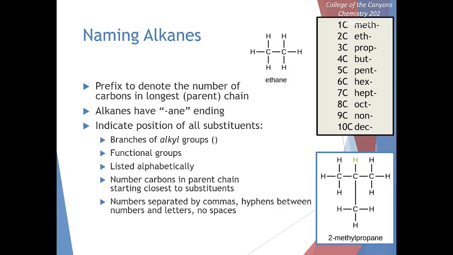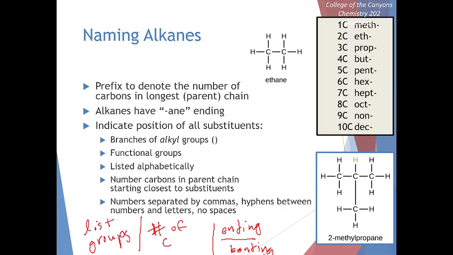We're going to have, okay, the ending will tell us kind of the bonding, single bonds or double bonds or triple bonds. We can have the prefix tell us the number of carbons in the chain, and then before that we can list any groups that are attached to our longest carbon chain.